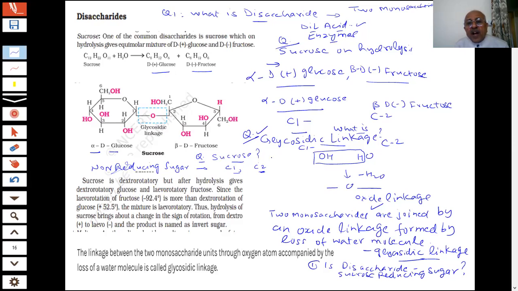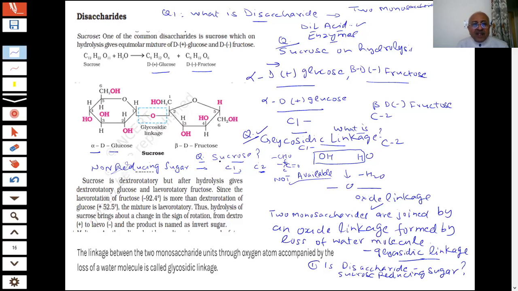So both the CHO group and the ketonic CO group, this is the aldehyde group, they are not free. They are not available, students. They are bonded now, therefore it cannot give the test of a reducing sugar. Therefore this question has been asked in the paper, which disaccharide is non-reducing, student? Sucrose.